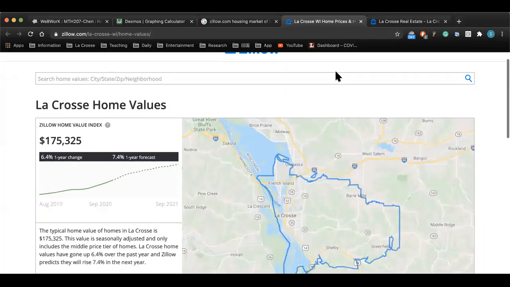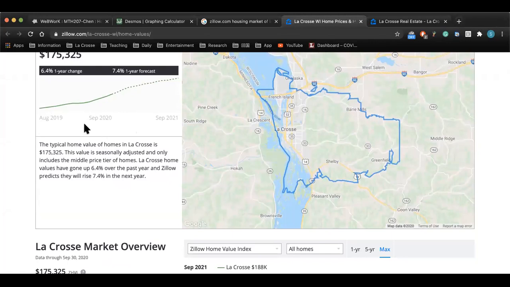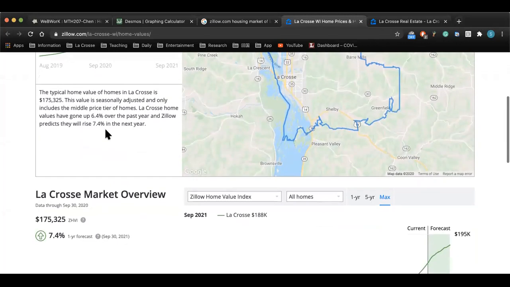Yeah, that's certainly not good. It's hard to do the prediction because the data is pretty small, but just according to the graph here, you can see there is roughly a local maximum at the beginning of 2020, and now the housing market is still going up.